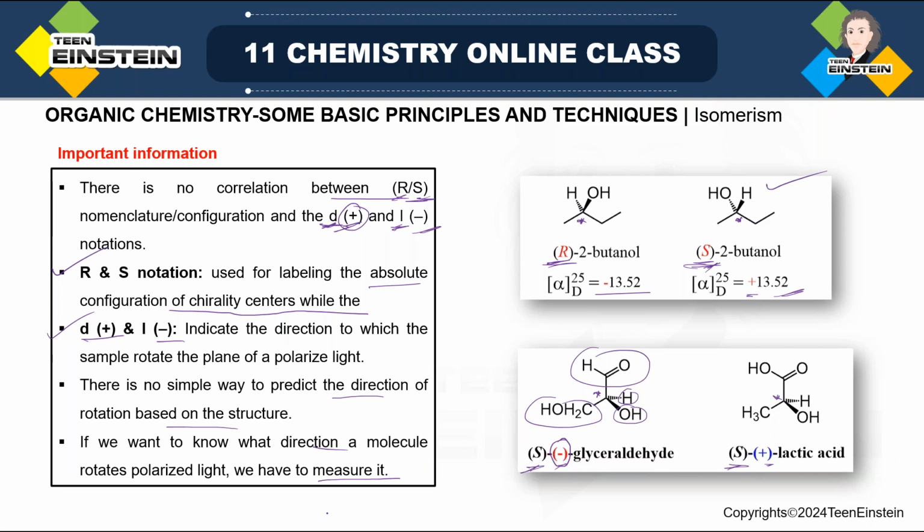But RS notation is used for the absolute configuration of the chiral center, which you can decide if you know which group is below the plane, which group is above the plane, and which group is directly on the plane of the paper. If this information is available, you can decide R or S. You don't have to do any experiment. But if you want to know the rotation of the plane polarized light by this molecule, you have to do the experiment. Then only you can write a negative or positive sign before its name.